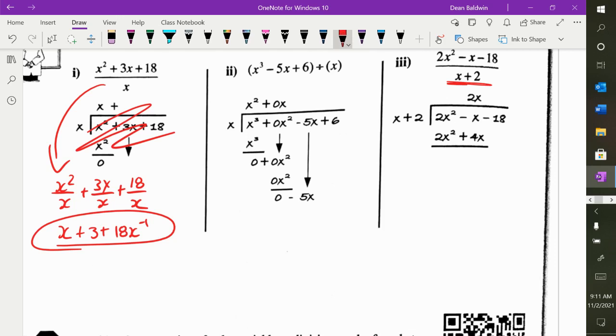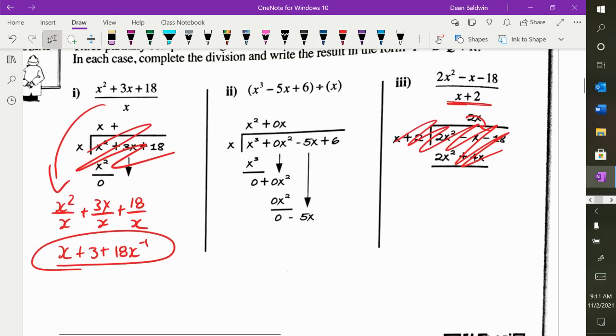So I don't like that they always start it that way, so I'm going to rewrite it just because that's me. Now, this says 2x squared minus x minus 18 divided by x plus 2. So write it out in the long division. What's your divisor? X plus 2. So x plus 2, I'm basically rewriting what they did, but I just don't like the way they did it.